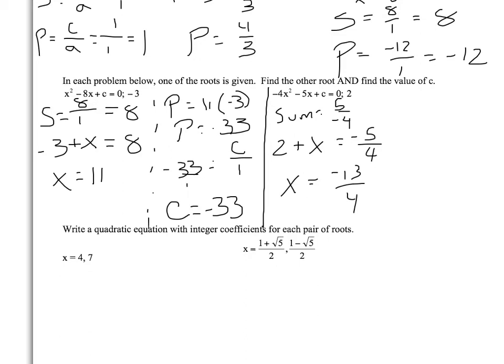Let me just check my work before I go on so I don't mess up anything else. Yes, negative 13/4. Now to find the product, or to find the value of c, I can find the product by just multiplying my two roots. Negative 13/4 times 2, which is negative 13/2.